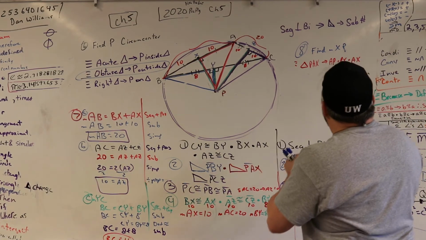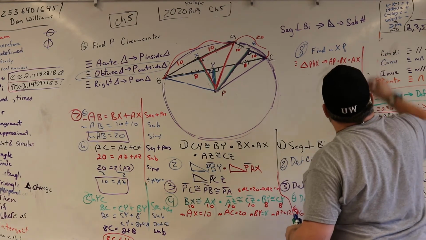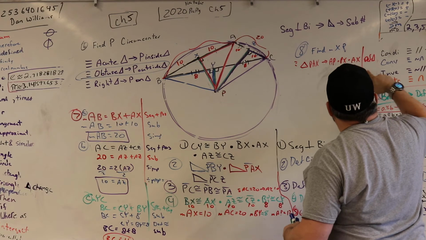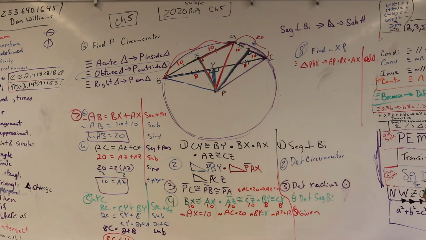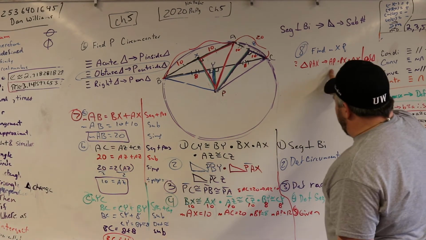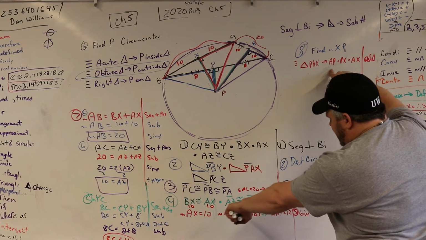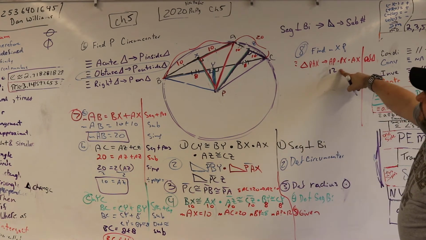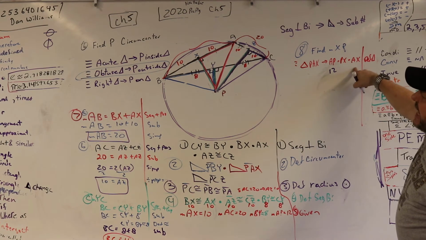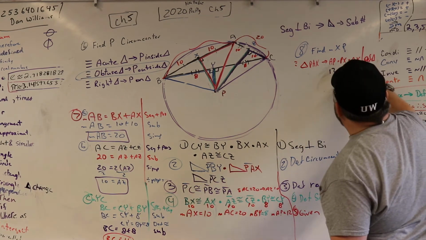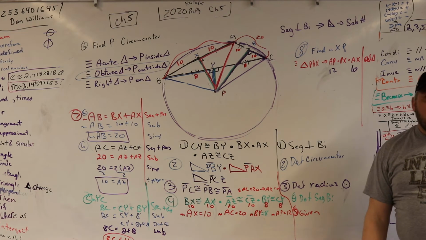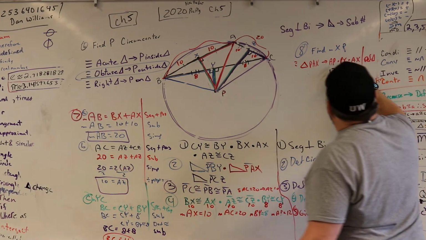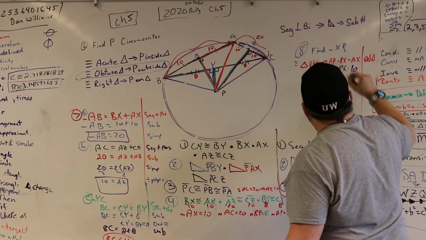Now, they gave us AP, right? They gave us AP, that's 12. We found AX, that's 10, right? We have no idea what PX is. Wait, where's AP?